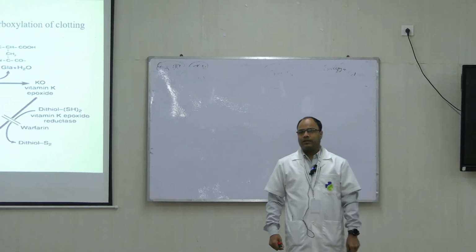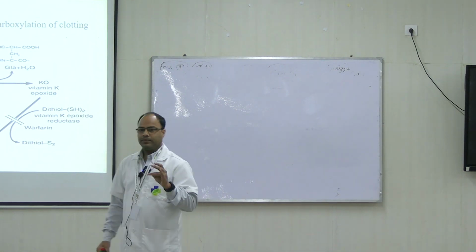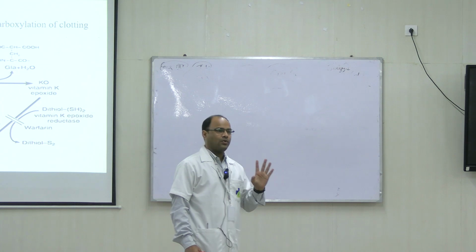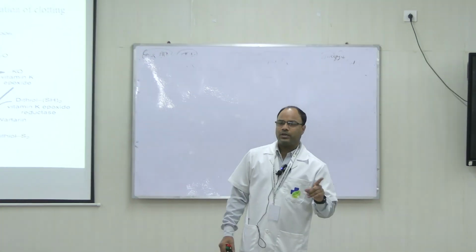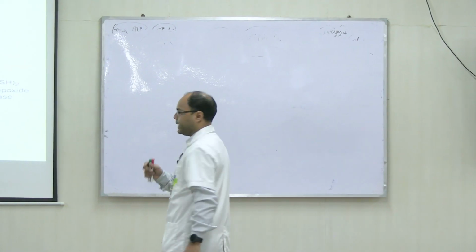Remember, from the liver there are clotting factors 2, 7, 9, 10. They are produced in an inactive zymogen form. They have to be activated, and activation occurs by vitamin K.